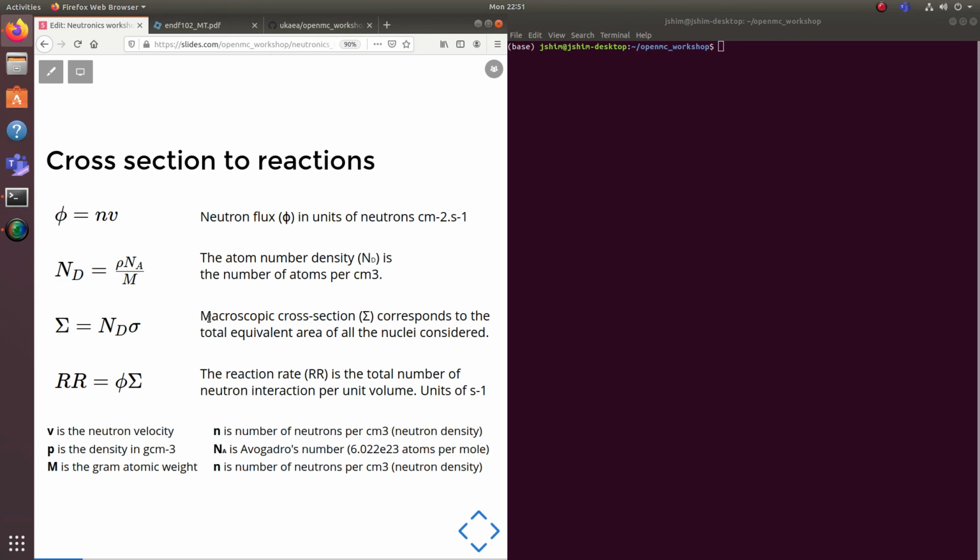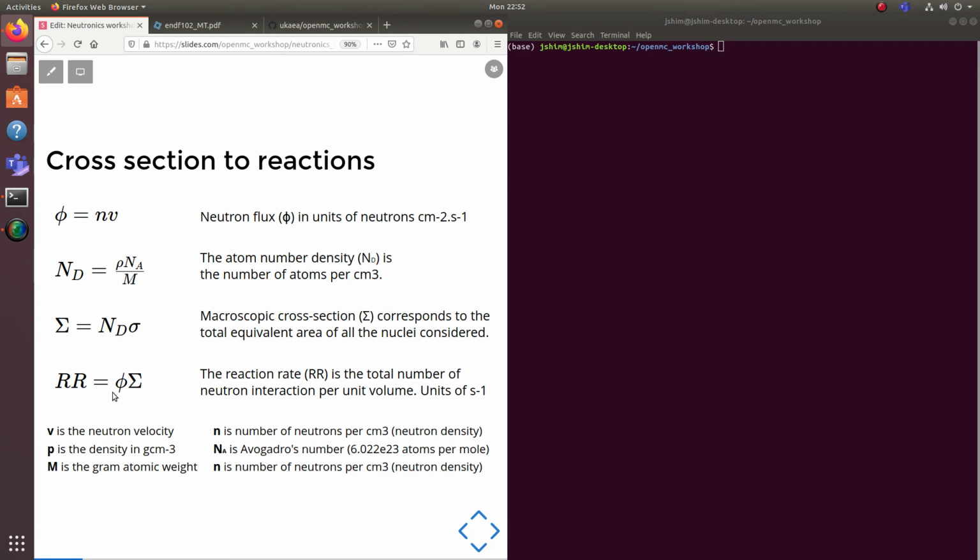And then you've got the macroscopic cross-section, which is a product of the number density, which we've got here, and the microscopic cross-section. So if the microscopic cross-section is the effective area of one nucleus, multiplying it by the number density gives you the effective cross-section of all the nuclei.